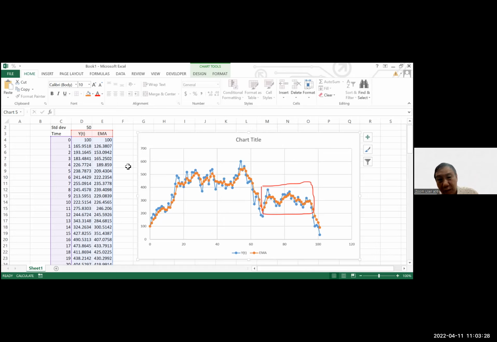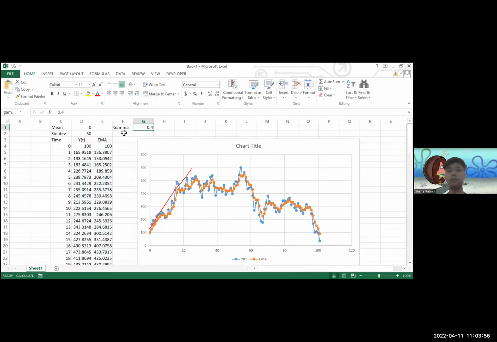When your data is going up, there is a trend of going up, and the EMMA is also following that pattern. You can also change the EMMA by changing its parameter. Can you change the parameter of EMMA? Yes, so 0.1, for example.